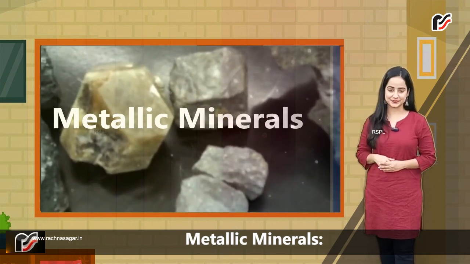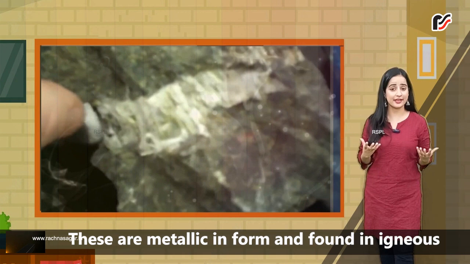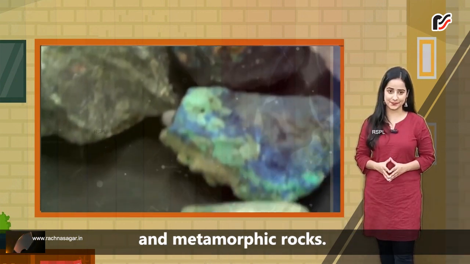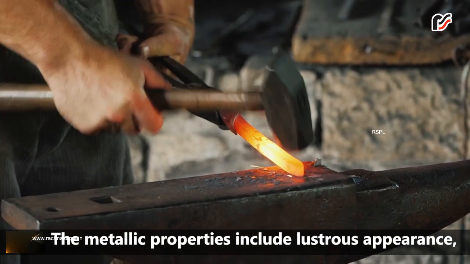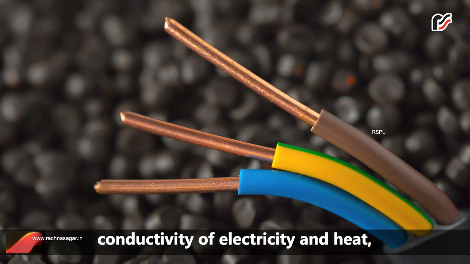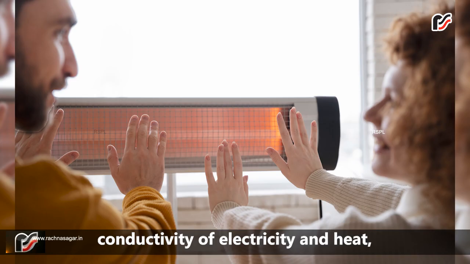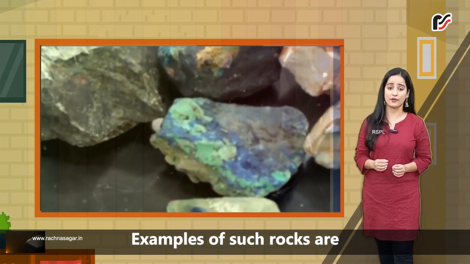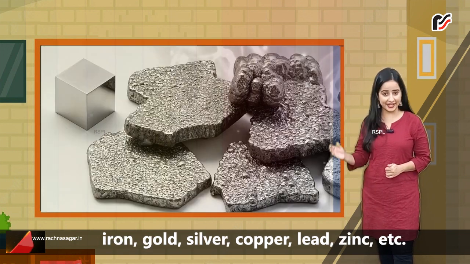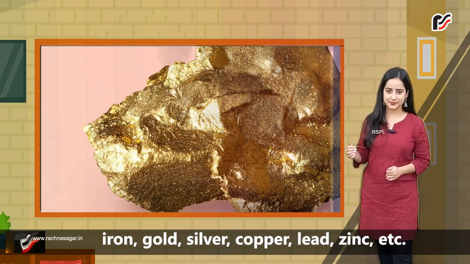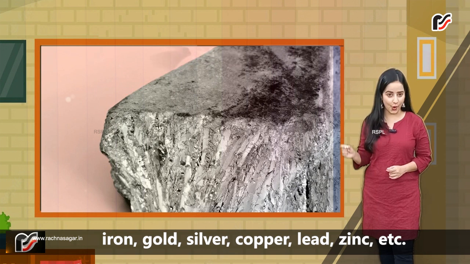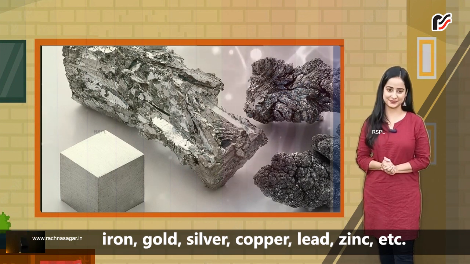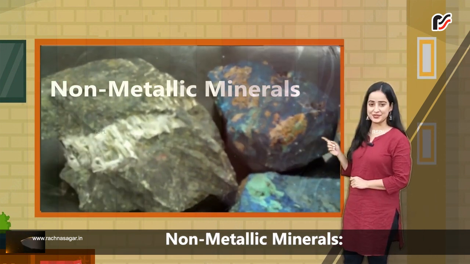Metallic minerals. These are metallic in form and found in igneous and metamorphic rocks. The metallic properties include lustrous appearance, conductivity of electricity and heat, ductility, and malleability. Examples of such minerals are iron, gold, silver, copper, lead, zinc, etc. Non metallic minerals.